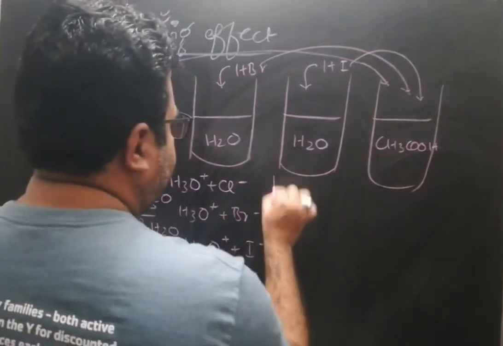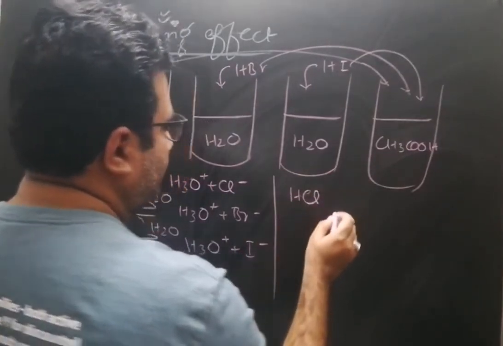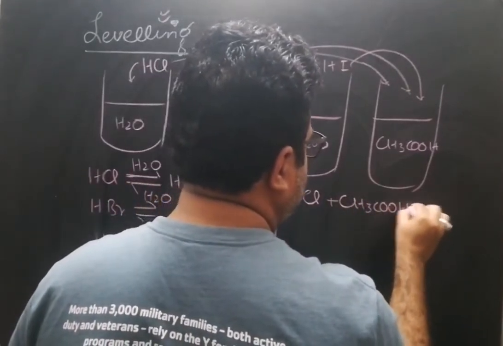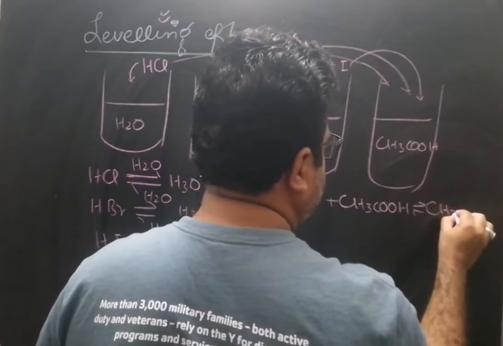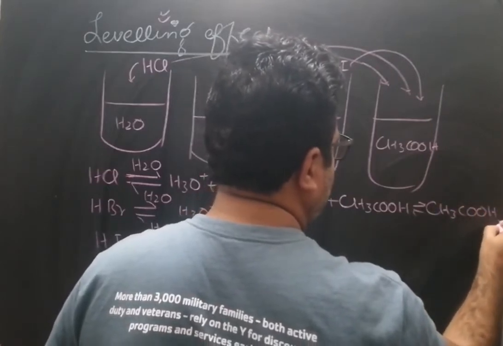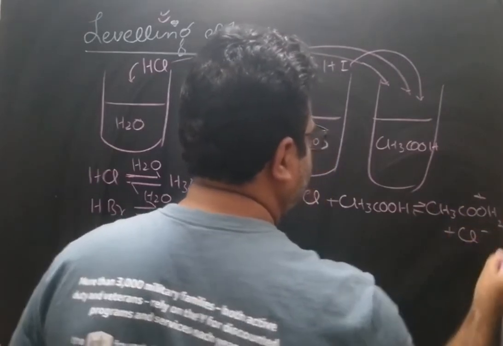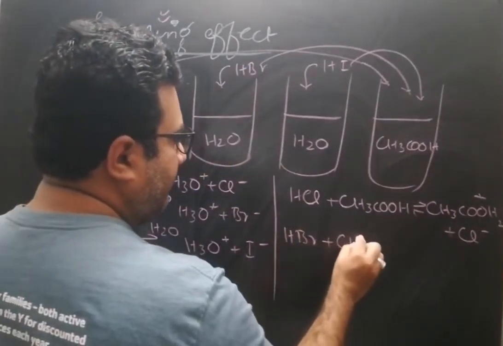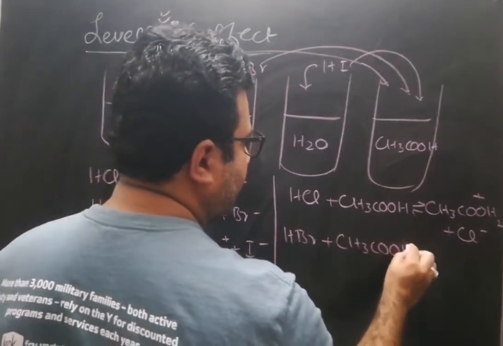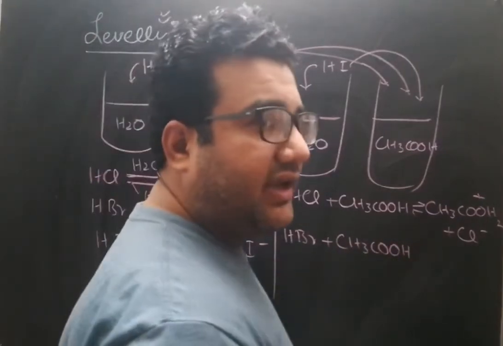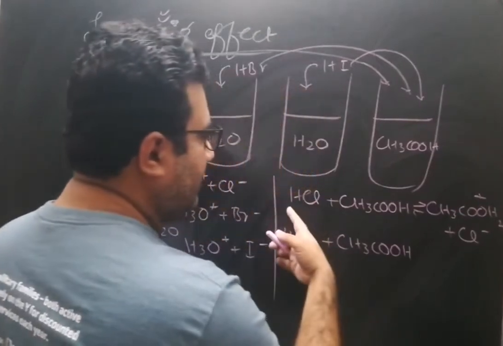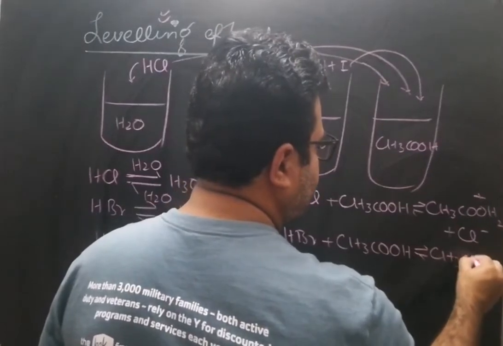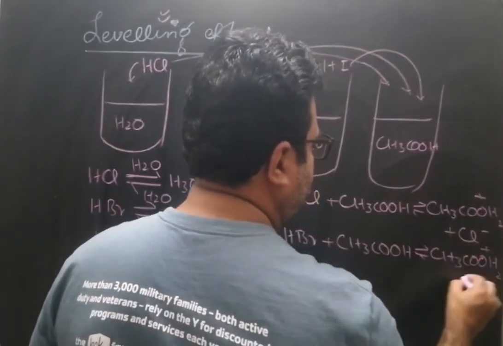Now HCl will protonate acetic acid, producing CH3COOH2+ plus Cl-. Similarly, HBr will also protonate acetic acid, but not to the same capacity as HCl, and it will again produce CH3COOH2+ plus Br-.